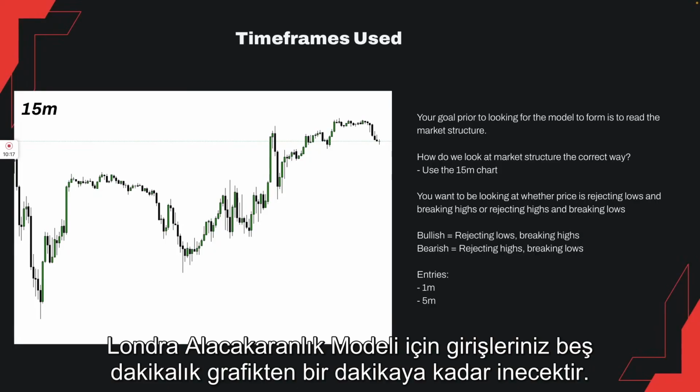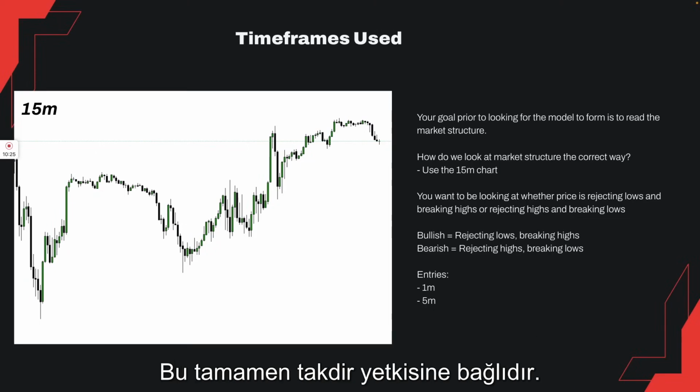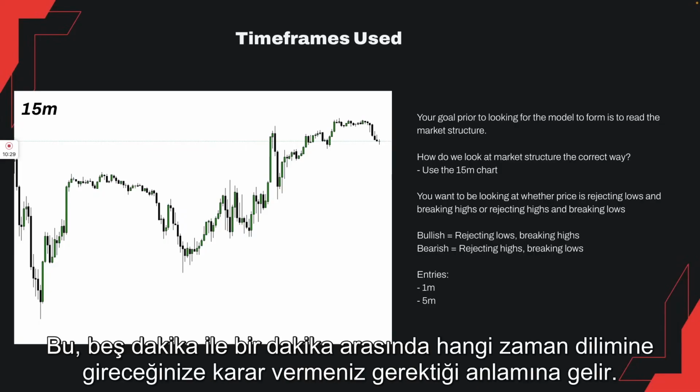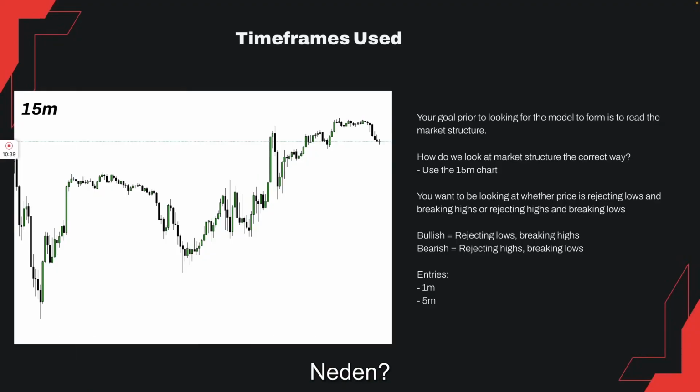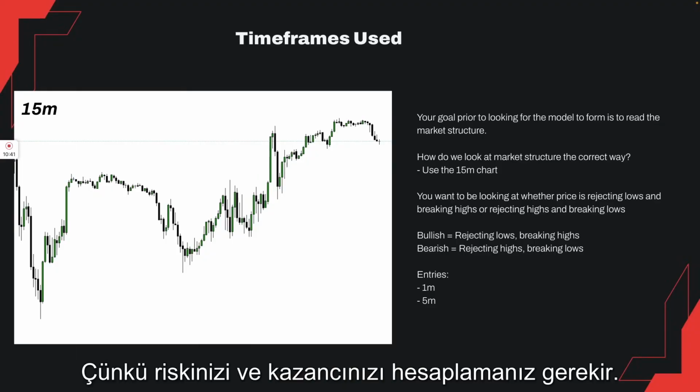Your entries for the London Twilight model will come from the 5-minute chart down to the 1 minute. This is specifically discretionary. What does that mean? This means you need to decide what time frame between the 5-minute and 1 minute you will enter. Why? Because you need to calculate your risk to reward.